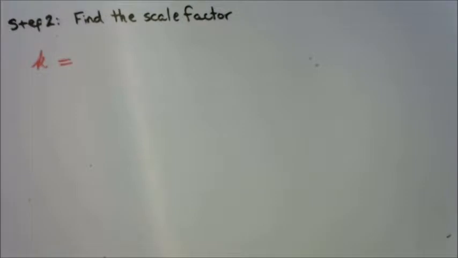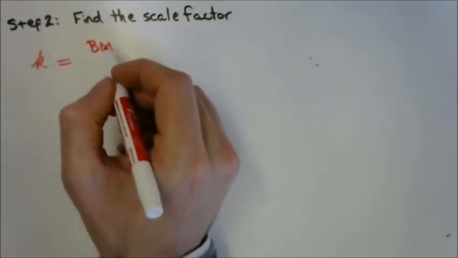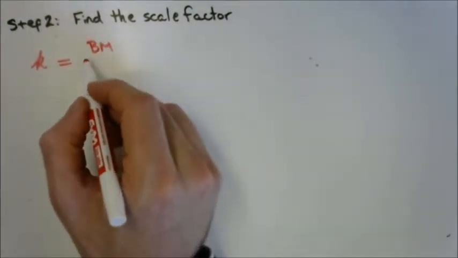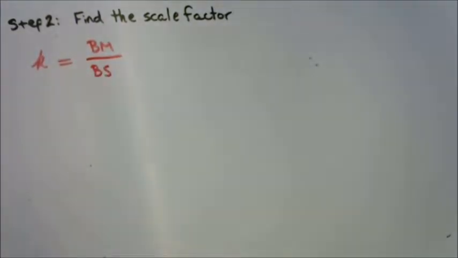So somebody give me two corresponding side lengths that we already know in our diagram. Okay, we're given BM from the big triangle, and we're given BS from the little triangle. I'm just going to make a note beside that you should make also.